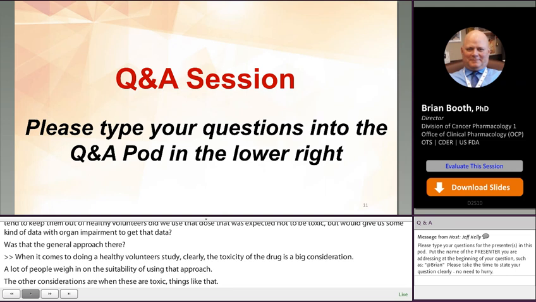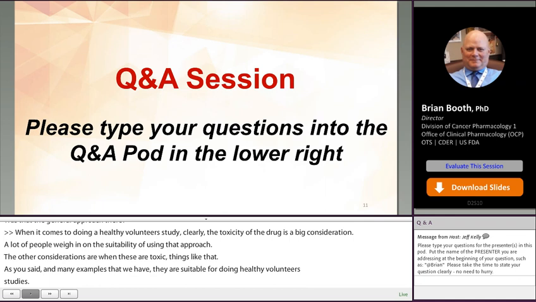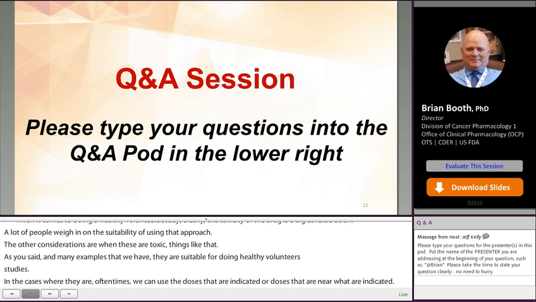In the cases where they are, oftentimes we can use the doses that are indicated or doses that are near what are indicated. One of the considerations would be that if you need to use a lower dose for safety reasons, we would be looking at something that would be in the pharmacokinetic linear range of the drug. And that's how we would approach that.